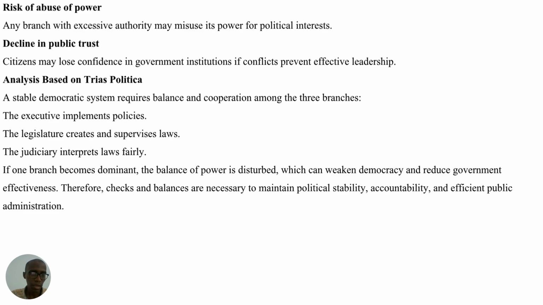If one branch becomes dominant, the balance of power is disturbed, which can weaken democracy and reduce government effectiveness. Therefore, checks and balances are necessary to maintain political stability, accountability, and efficient public administration.